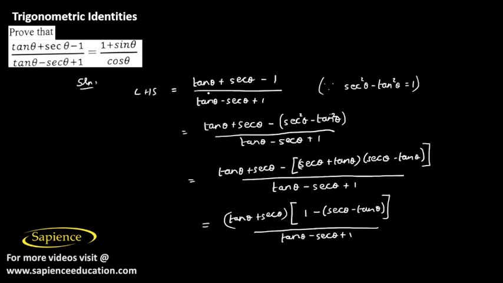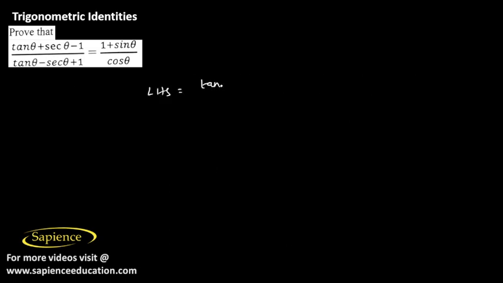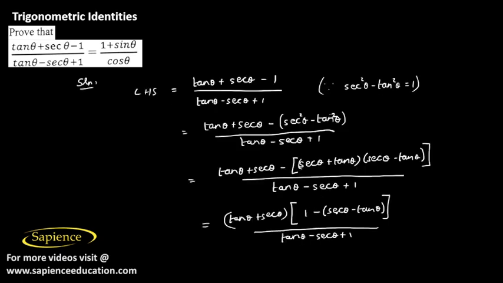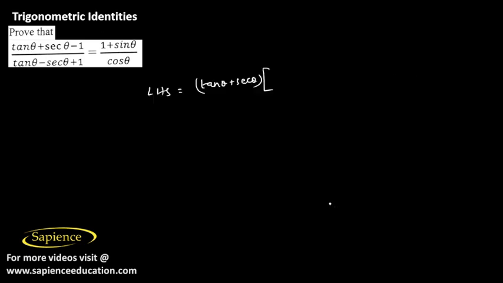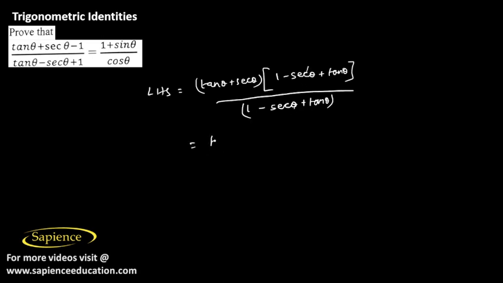So the LHS will become tan theta plus secant theta into 1 minus secant theta plus tan theta, and the denominator is also the same, 1 minus secant theta plus tan theta. We can cancel these two terms and we will get tan theta plus secant theta.